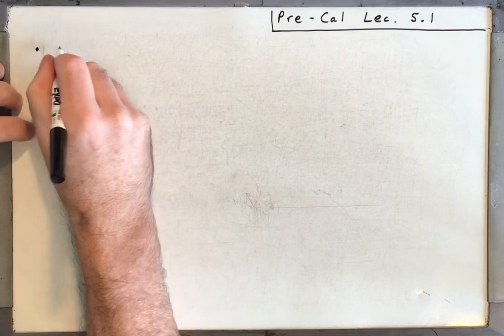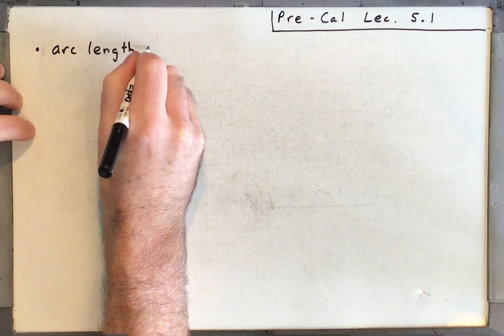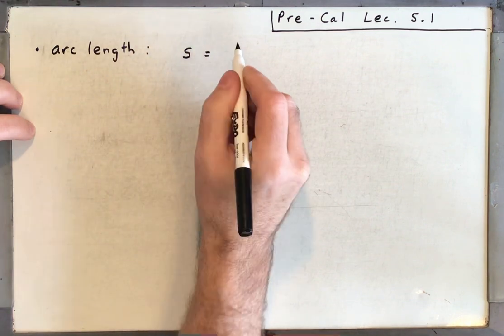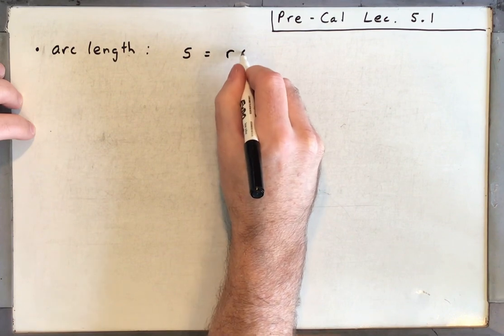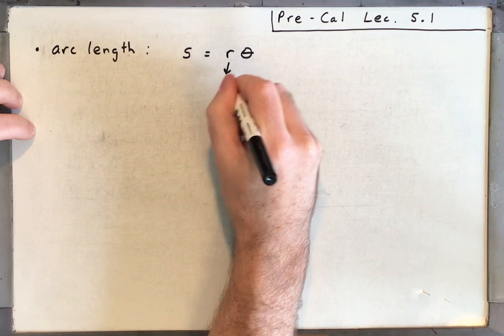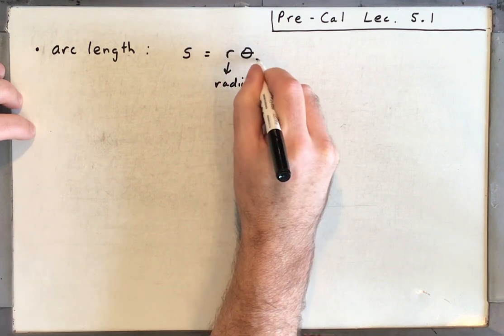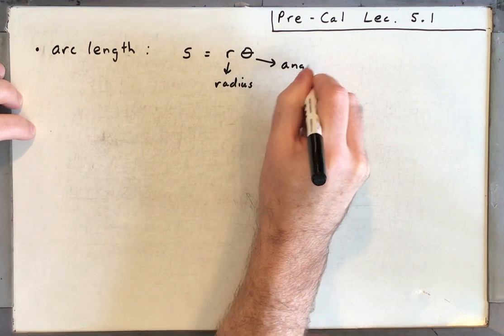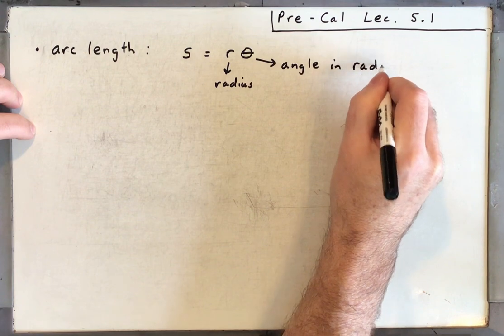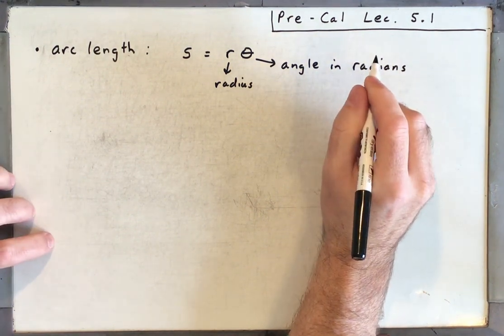So for the arc length formula, arc length, we use the letter S. S is equal to R times theta, where R is the radius. Theta, of course, is the angle, but you have to put it in radians. So if it's in degrees, you have to convert to radians.